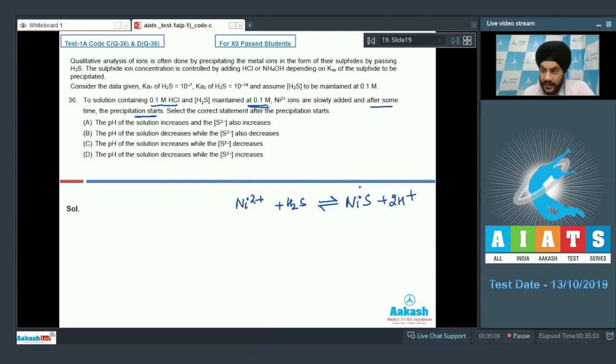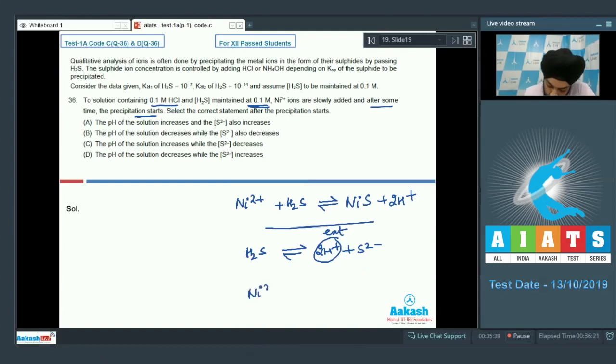Okay, so this net equilibrium can be thought of as consisting of two individual equilibriums, which are H2S dissociating into 2H+ and S2- in the presence of external H+. So this equilibrium will be giving us correct answers in the presence of external H+. And then we have Ni2+ ions reacting with the sulfide ions giving us NiS.